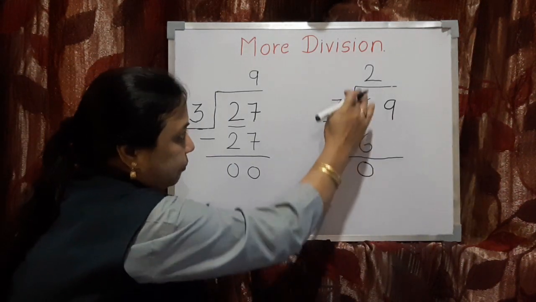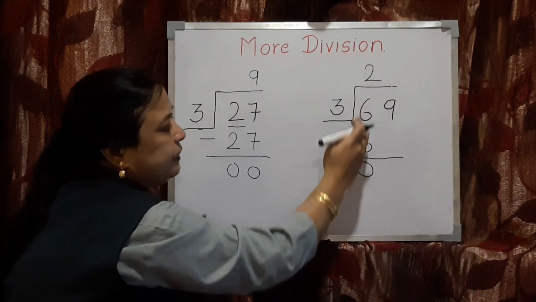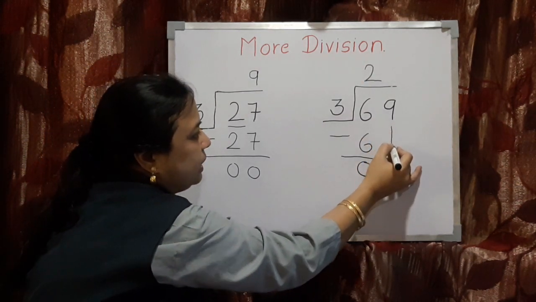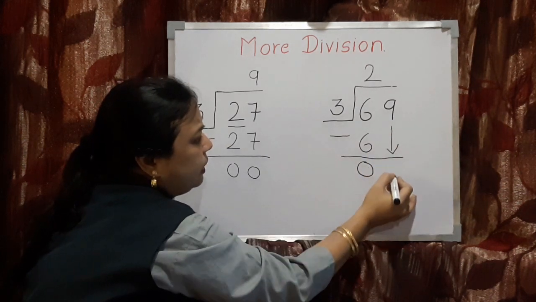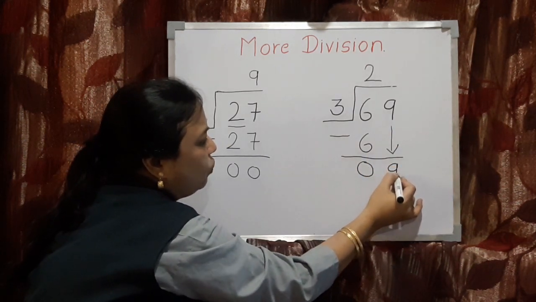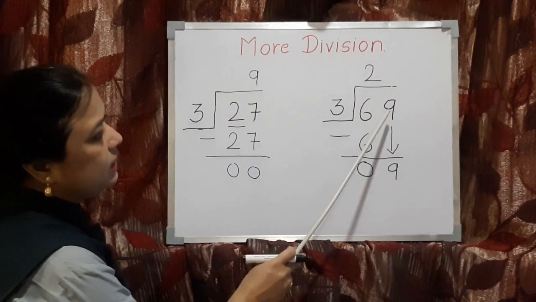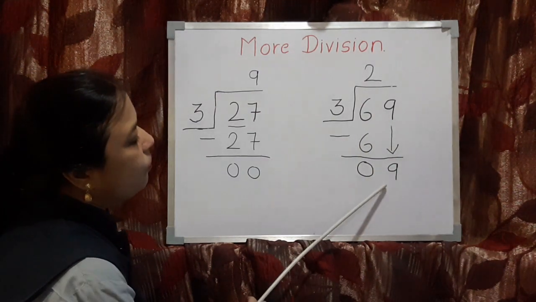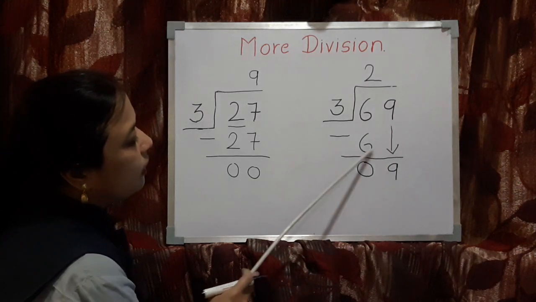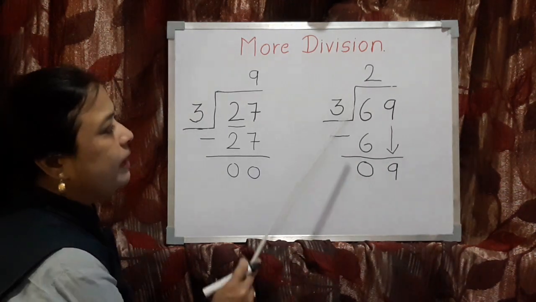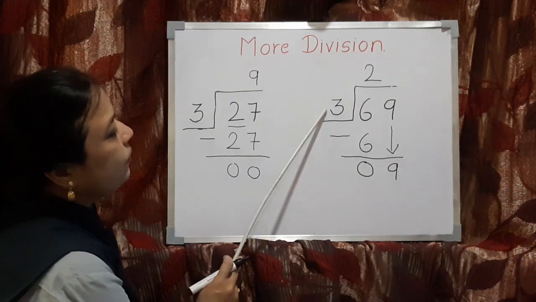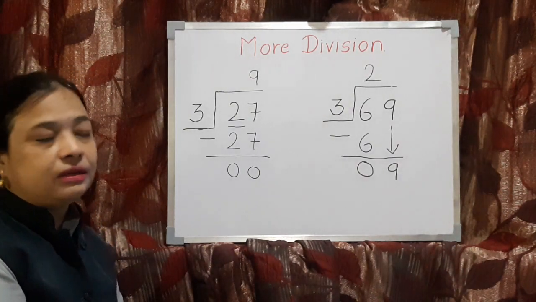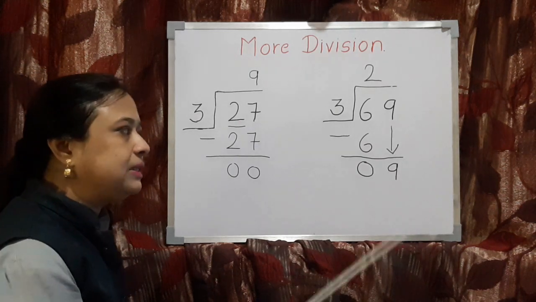Now see, after performing this first step, what we will do, we will bring down this 9 here. ये 9 को हमको नीचे लाना है. This 9 will come down. Okay. Now we are going to divide this number with this. So 3 का टेबल बोलेंगे तो 3 ones are 3, 3 twos are 6 and 3 threes are 9.